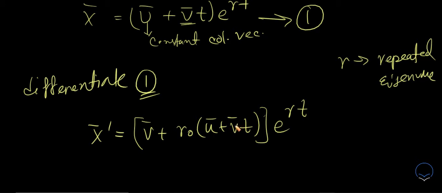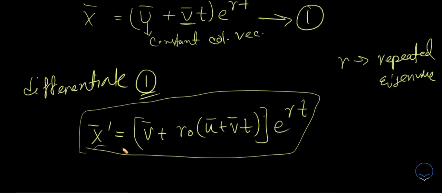Okay, now we are going to use this result in our differential equation. That our differential equation was in the column vector notation, something like this, right? That's what we're going to use.